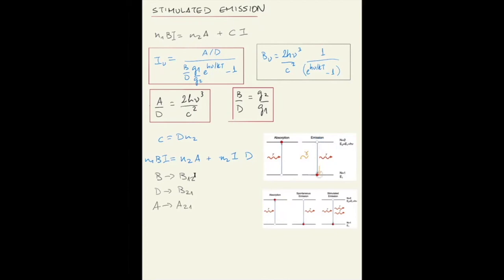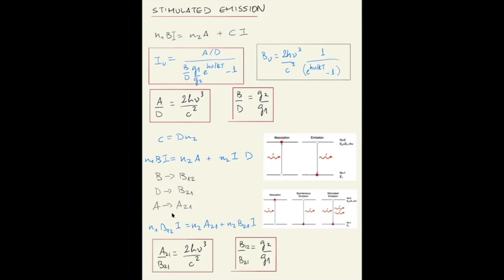Before, we only called it emission, but let's now call this process spontaneous emission, since we have now another process, which is stimulated emission. In terms of these terms, then the equation of balance becomes n1 B12 times the intensity is equal to n2 A21 plus n2 B21 I. And now then the coefficients are A21 over B21 is equal to 2h nu cubed over c squared, and B12 over B21 is equal to g2 over g1.